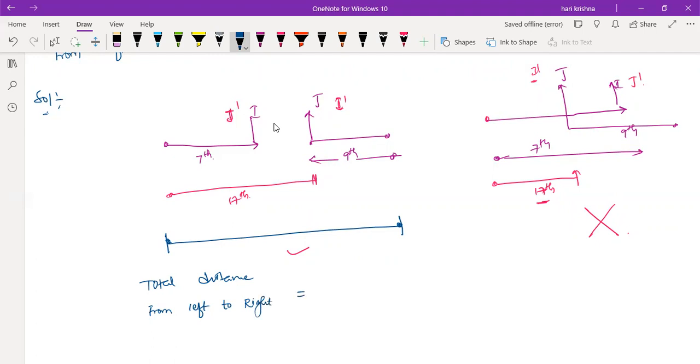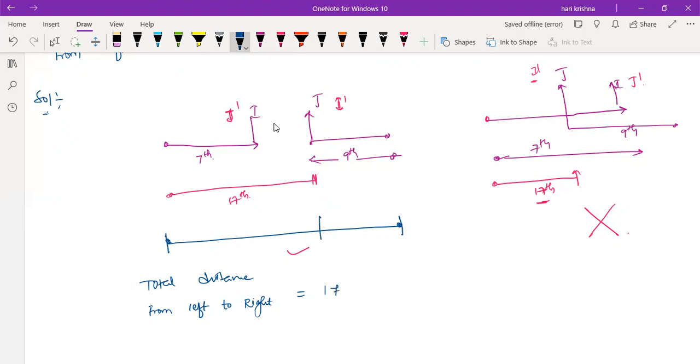Sir, is it 28? Check it. 17 plus 9. Obviously that will be the total distance, right?